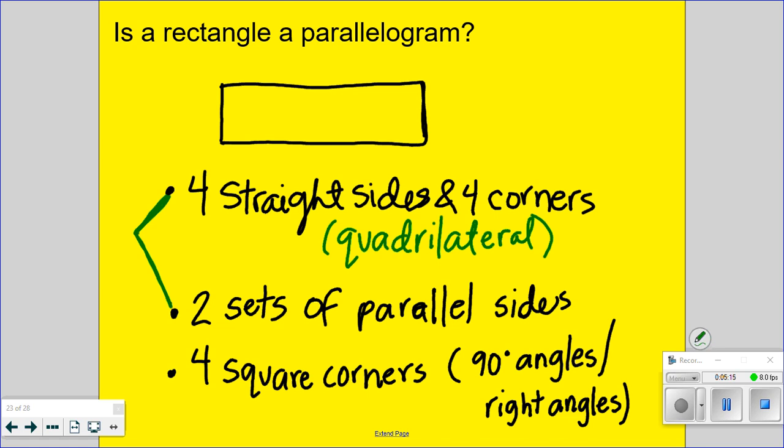No, it still is a parallelogram, but the parallelogram rules say nothing about having 90-degree square corners. Yes, a rectangle is still a parallelogram because it does have those rules. But we might say, Harper, that it's a special parallelogram because it has extra rules.